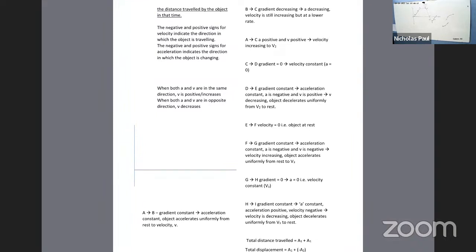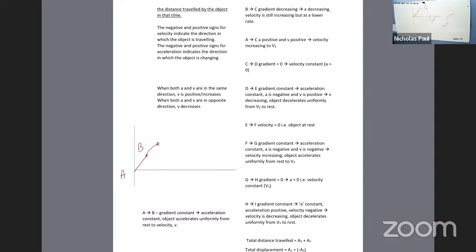Right, first thing first, gradient constant and acceleration constant. Object accelerates from rest to B. So that's a straight line, right? A to B. B to C, gradient decreasing and velocity is still increasing at a lower rate.